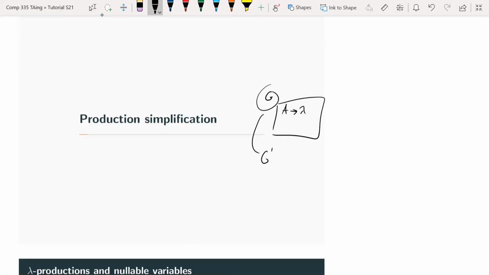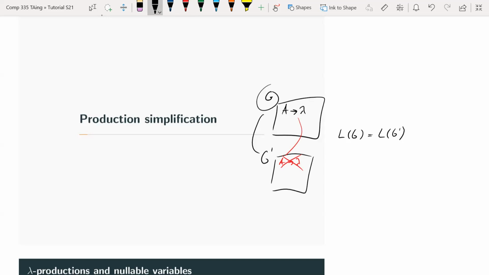When I say equivalent, I mean that the language generated by G should be equal to the language generated by G prime. But we also want G prime not to have those undesirable productions. So for instance, here, this A gives you lambda should be removed, okay? That's the whole purpose of these production simplifications that we're going to see.